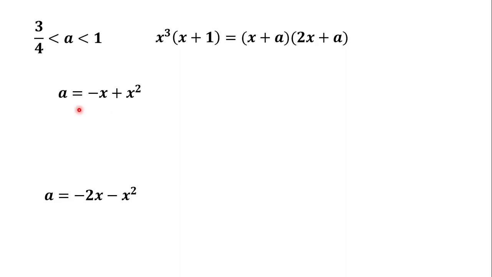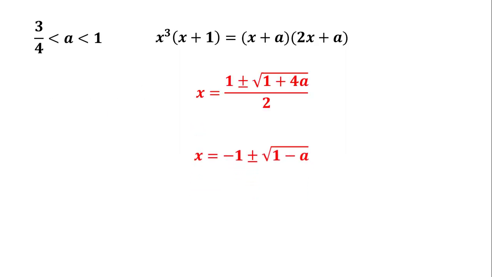Now we need to solve these two equations in base x. We can put all variables on one side. Then by using the quadratic formula, we can find the roots of these two equations. Now we have found the roots of this equation in explicit form.